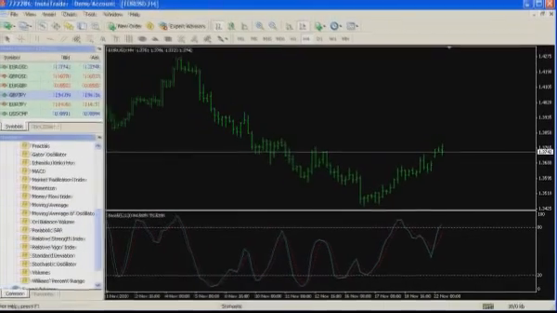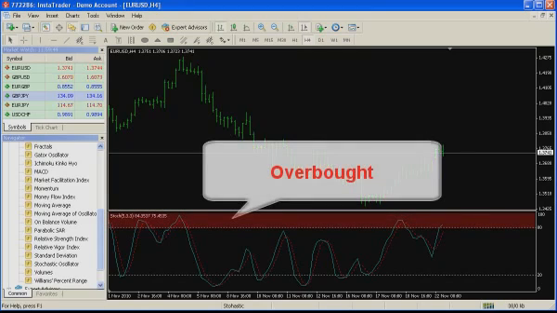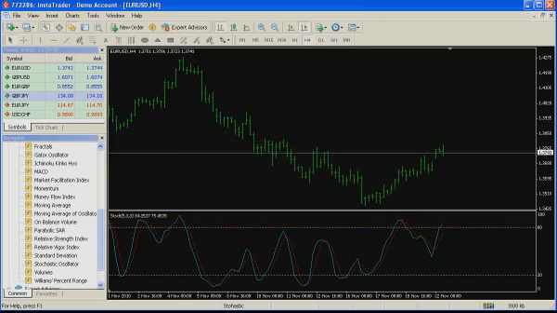As an oscillator, stochastic demonstrates to us an overbought or oversold situation by being in the respective zones. A zone above the level 80 is an overbought zone. If the stochastic main line is located above this level, it means that the market is overbought and there is a probability of deceleration or the end of an upward movement with the following turn down.